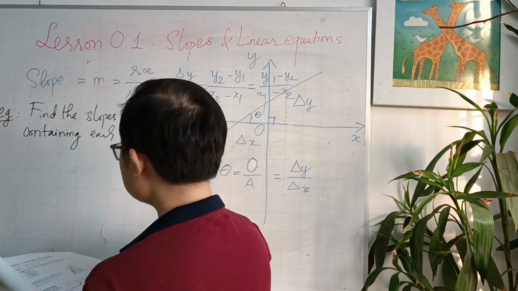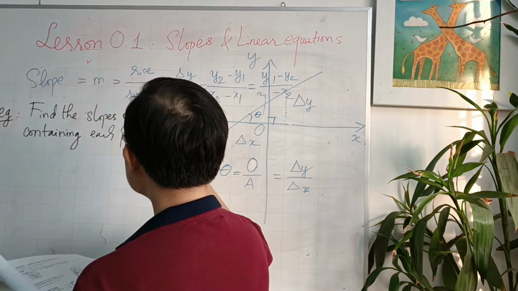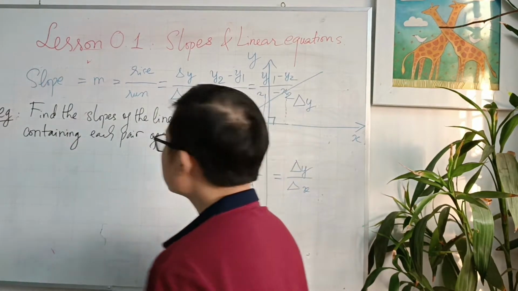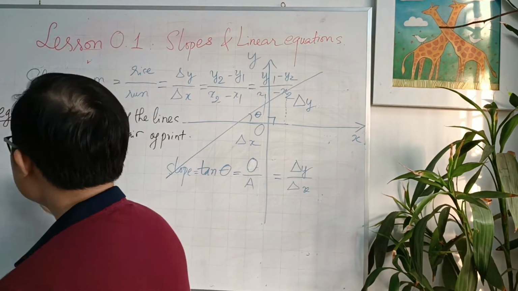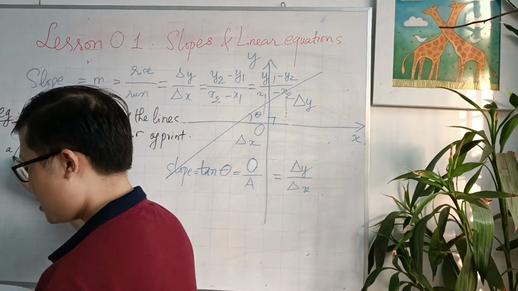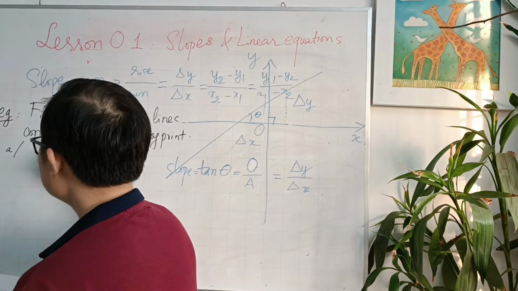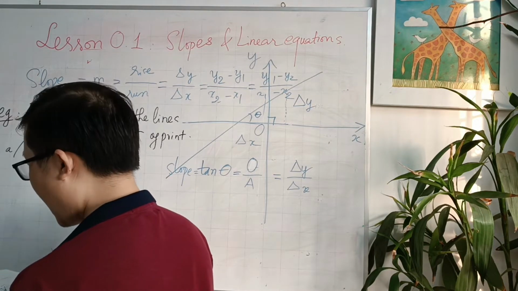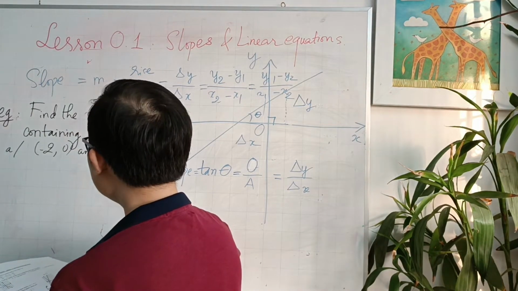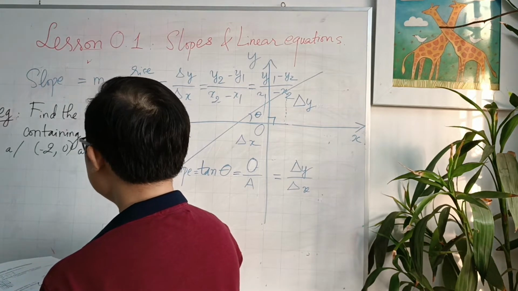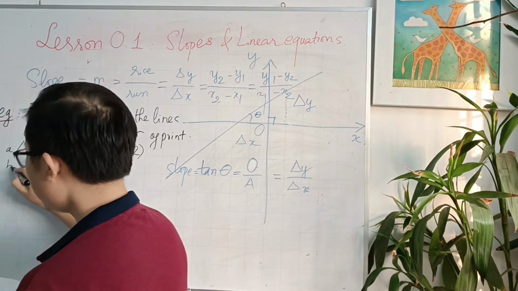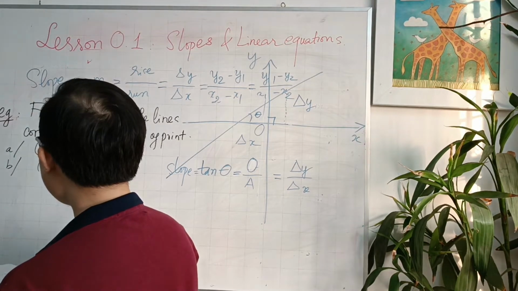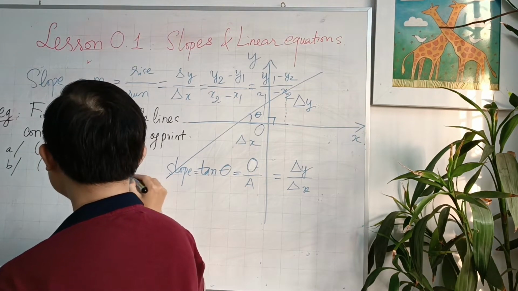Okay, we have 3 questions here. Question A: (-2, 0) and (4, 2). B: (3, 2) and (2, 2).